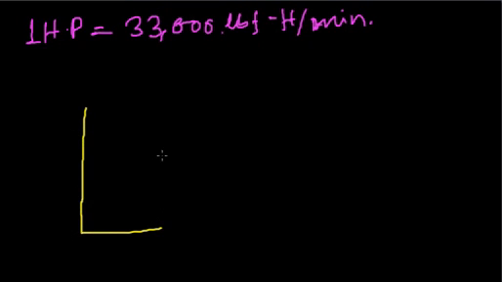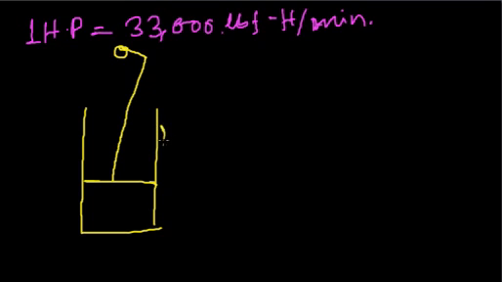This is the cylinder of our engine, this is the piston, and its arrangement is like this. The piston moves upward and downward. Maybe we consider that its length of stroke is L, meaning its maximum height is this much and minimum height is this much, so its distance is L feet. The area of this piston is, let us say, a inch square.